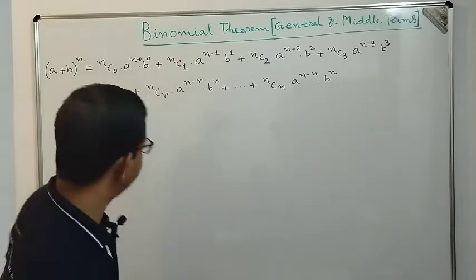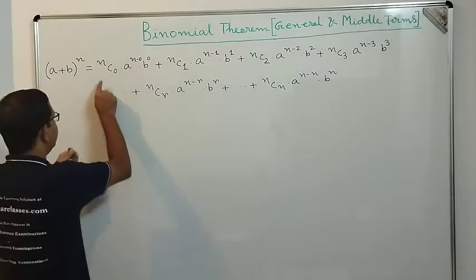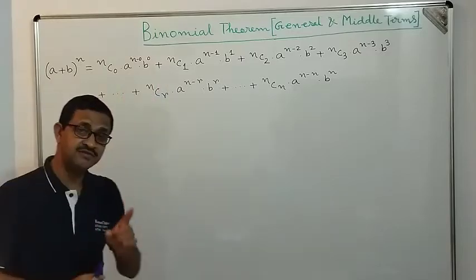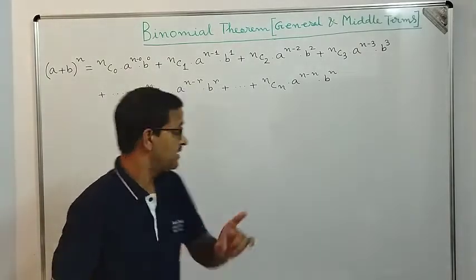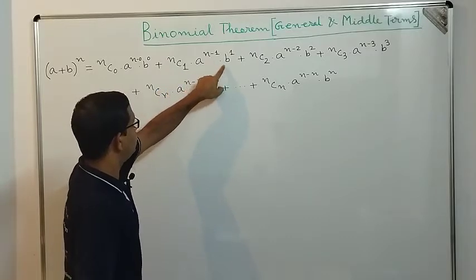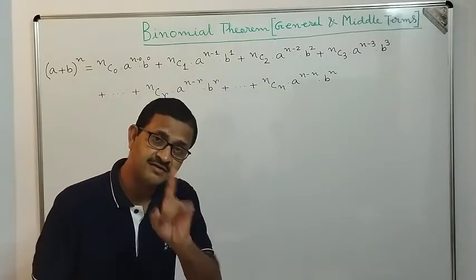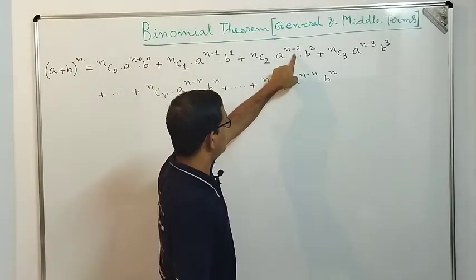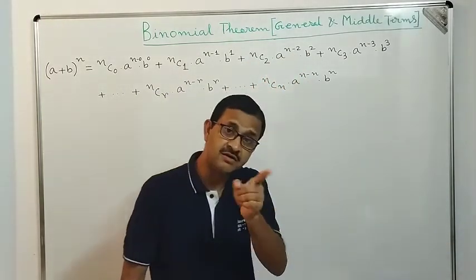If you notice, dear students, nC0 a^(n-0) into b^0 is the first term. nC1 into a^(n-1) into b^1 is the second term. nC2 a^(n-2) into b^2 is the third term.